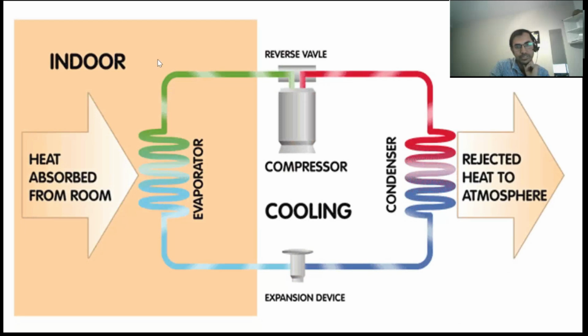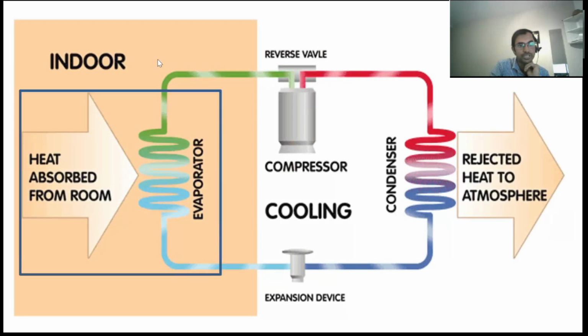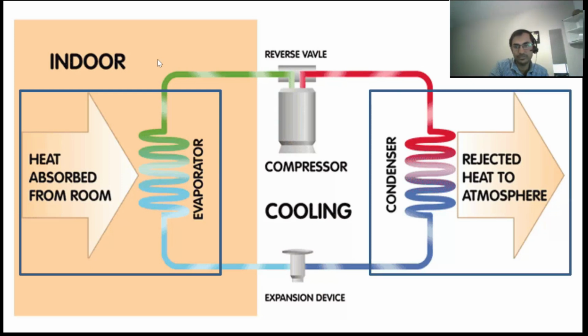If you see the simple diagram, this portion is the heat absorbed from the room, where we keep our indoor AC, and this is the heat rejected to the atmosphere, which is basically our outdoor unit, which we keep outside the room or even on the roof.